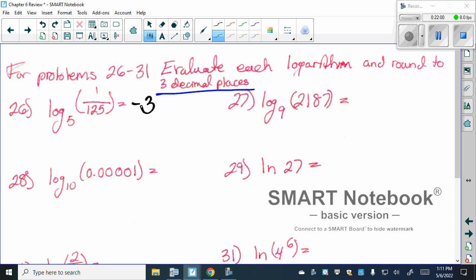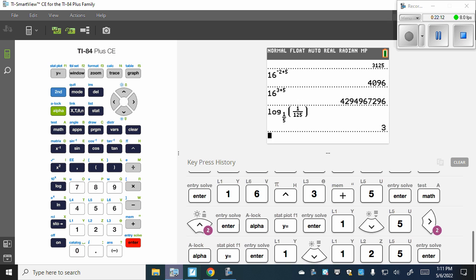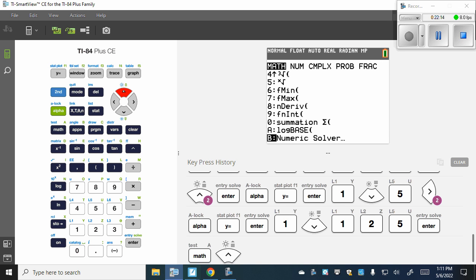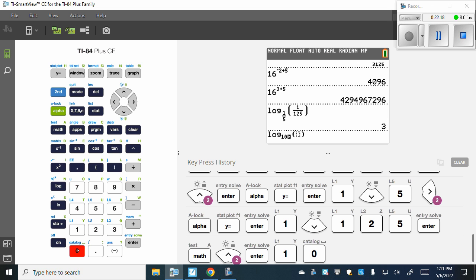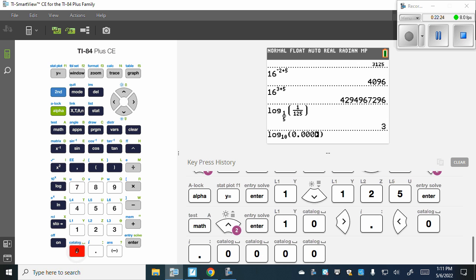So is there one of these that we want to look at or see how it's typed in? Which one? 28. So we can go math, log base 10 of 0.12341.